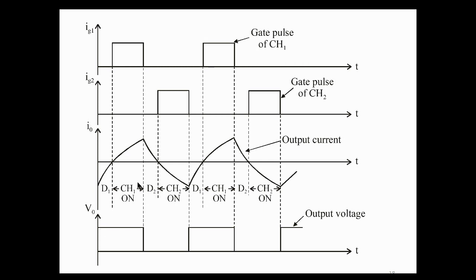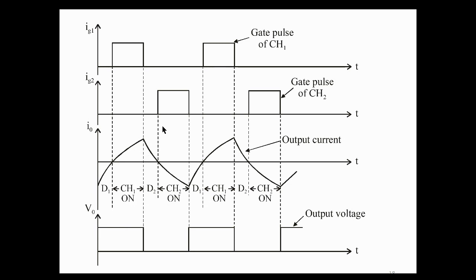When chopper 1 turns on, we have the current still increasing. So it is when we have diode 1 and chopper 1 turned on that we have that current flowing. So in this region, that's when we have our output voltage being positive.